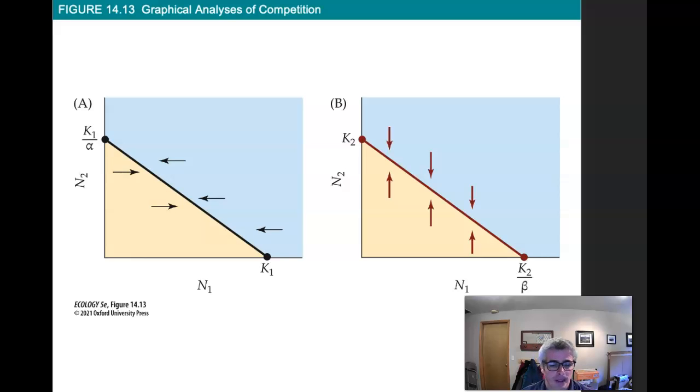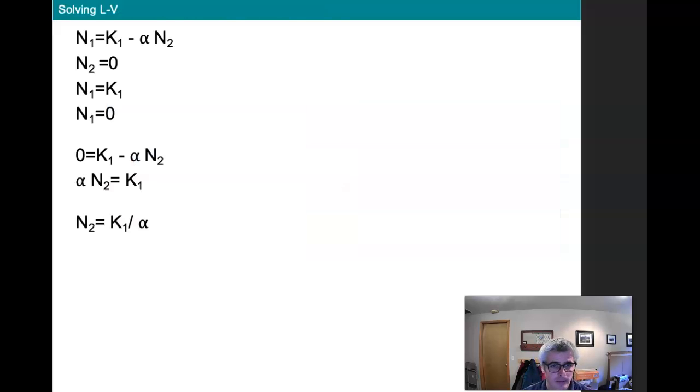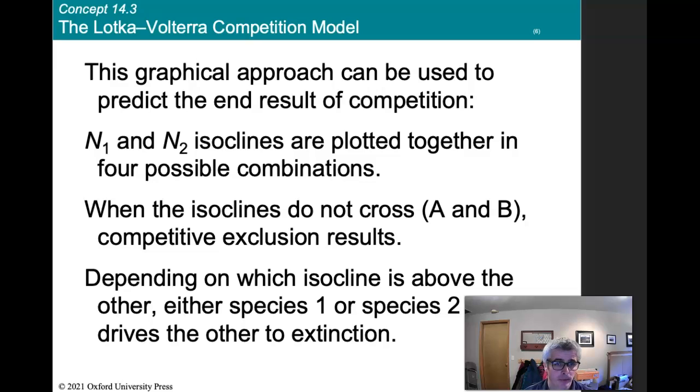So hopefully that gives us a solid background to go through the next one, which gets more complicated, where we're plotting both of those isoclines together and seeing how they interact. This graphical approach can be used to predict the end result of competition. N1 and N2 isoclines are plotted together for 4 possible combinations.